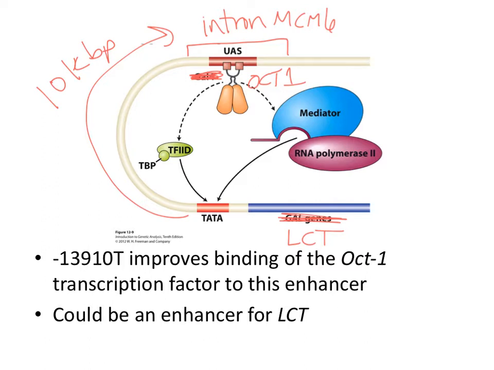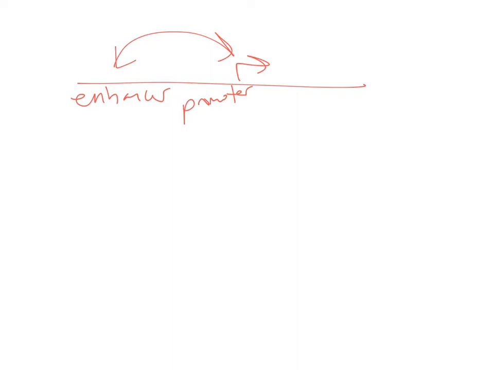The nice thing about having a gene next to its regulatory element, like an enhancer being close to the promoter, is that that interaction is likely to happen because the enhancer is near the gene. So you're likely to get physical interaction between the enhancer and the gene it regulates.